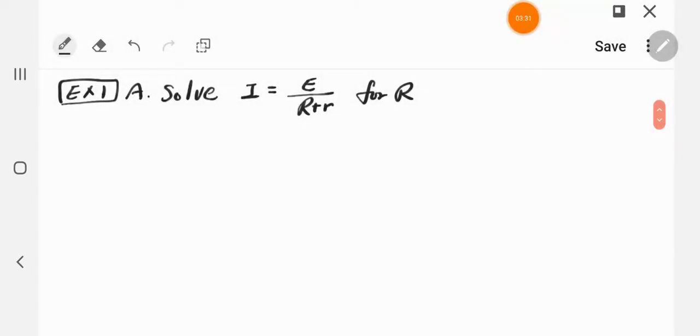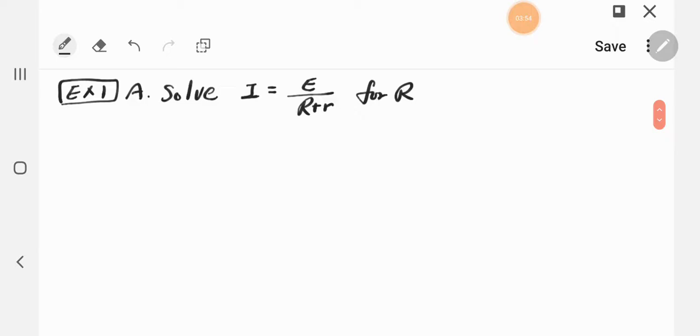Example 1A. Solve this equation for R, the capital R, the larger R, uppercase R. The uppercase R is in the denominator. So why don't we remove the denominator by multiplying the equation by the denominator, R plus r?